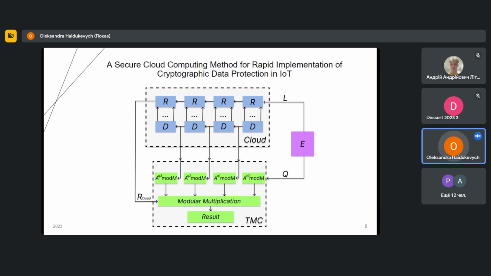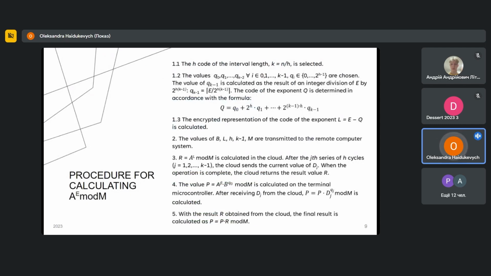Consequently, the range of possible values for Q expands significantly, leading to a substantial increase in the level of security without compromising the time efficiency. The final result of the exponentiation is obtained by performing a modular multiplication of the initial value received from the cloud with the results of processing on the microcontroller. A formal description of the developed method is given on this slide.